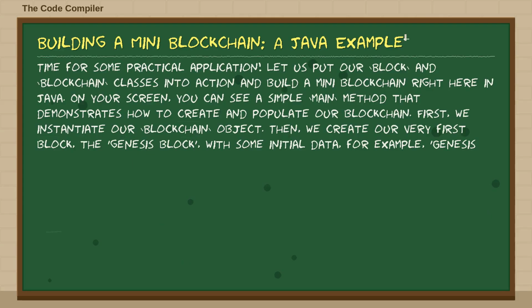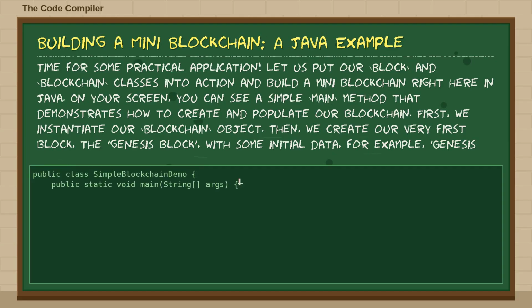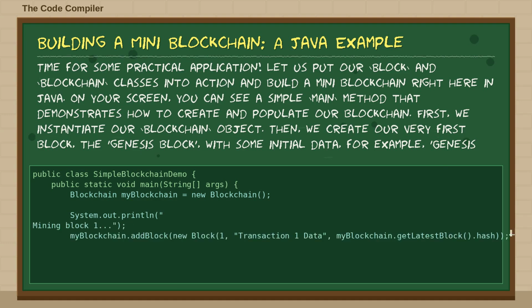This allows us to visually inspect the chain and confirm that each block correctly references the hash of its predecessor. This is a simplified example, but it clearly illustrates the chaining mechanism that forms the backbone of any blockchain system.